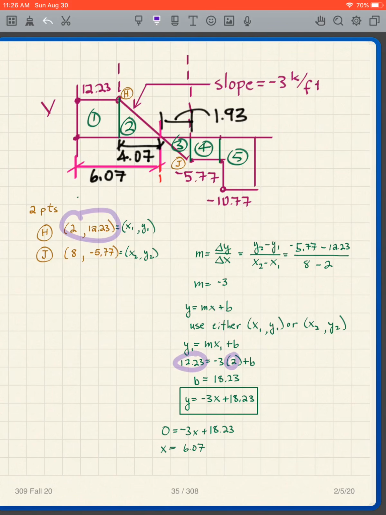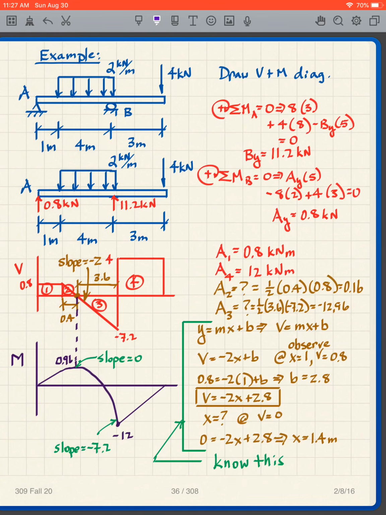Don't mix x and y. I solve for b, and now I have the full equation. You need to be able to do this. You can all do it. Spend just a little bit of time with it.